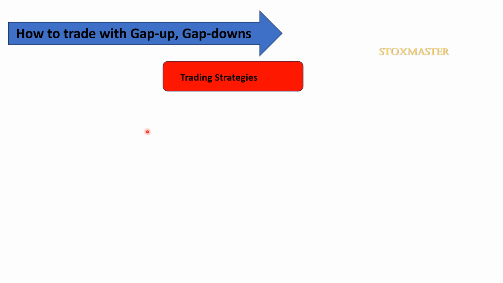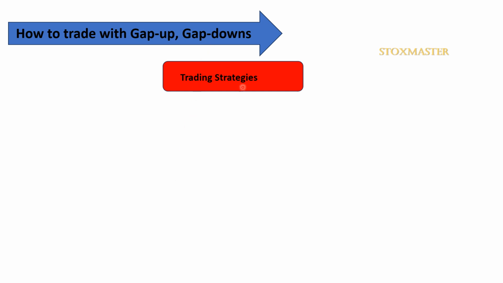If a gap up forms, then there is a possibility of the trend continuing. The chances are more compared with a reversal. Suppose the gap up happens, then buyers are more aggressive than sellers.